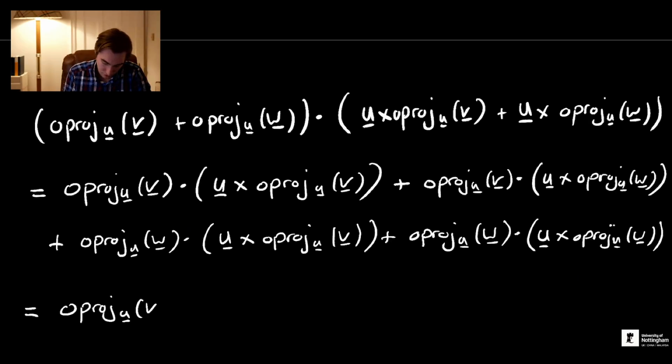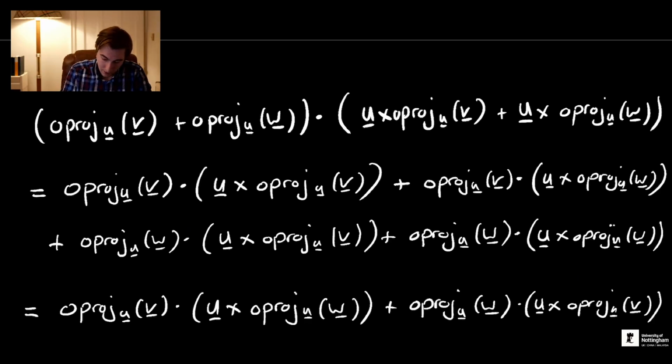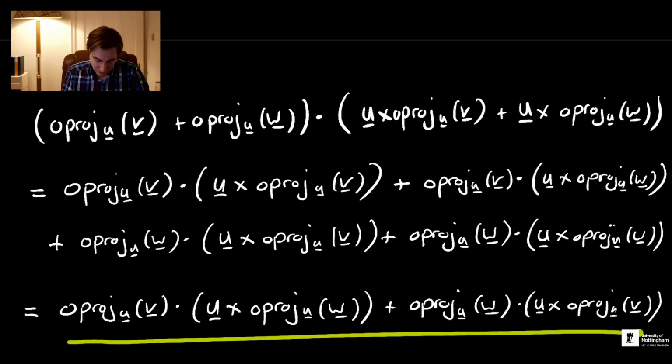Namely, the orthogonal projection of V onto U dotted with U cross the orthogonal projection of W onto U, plus the orthogonal projection of W onto U dotted with U cross the orthogonal projection of V onto U. But this is exactly what we've just proven a minute ago: that these things are the negative of each other.